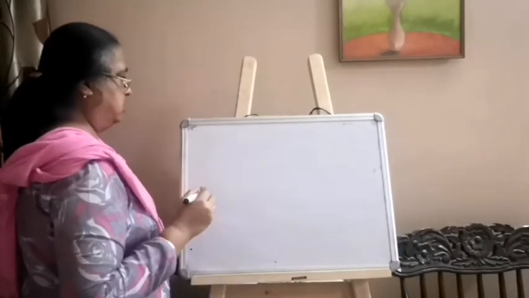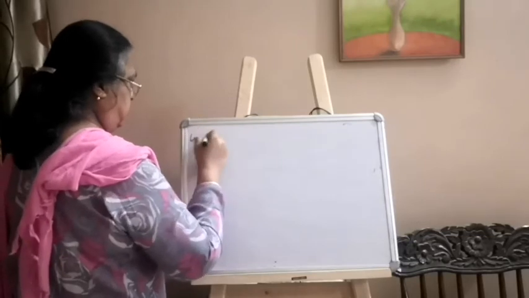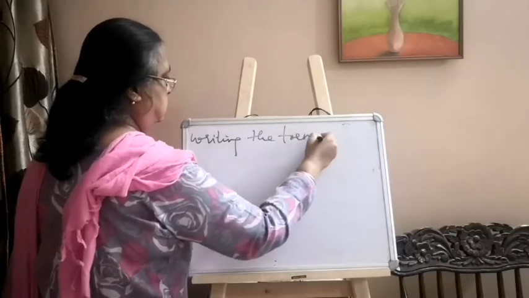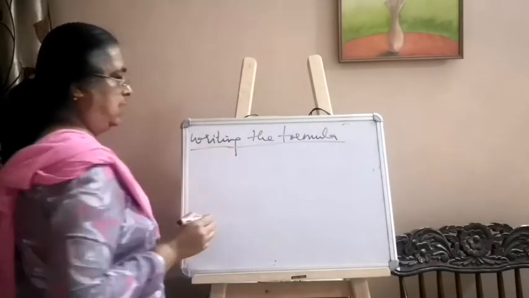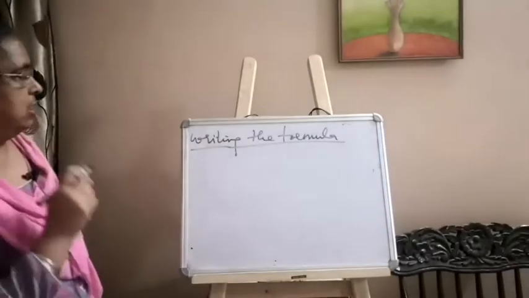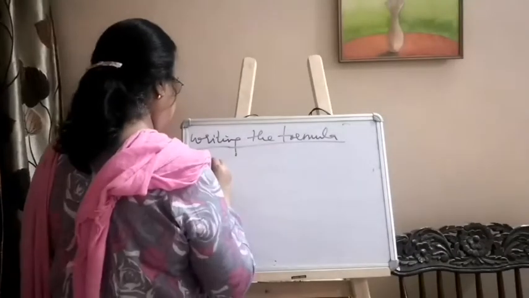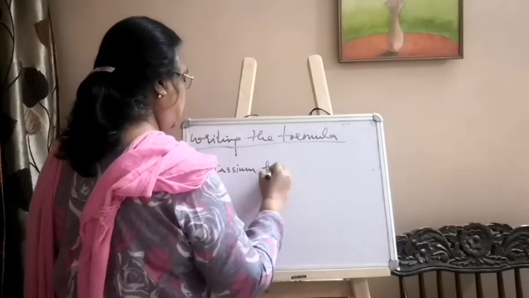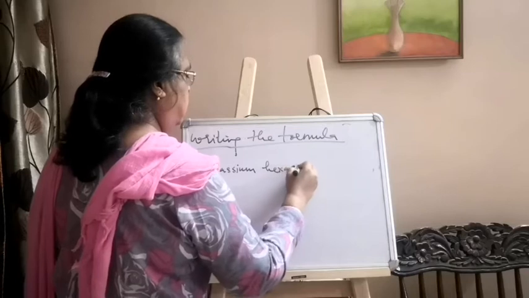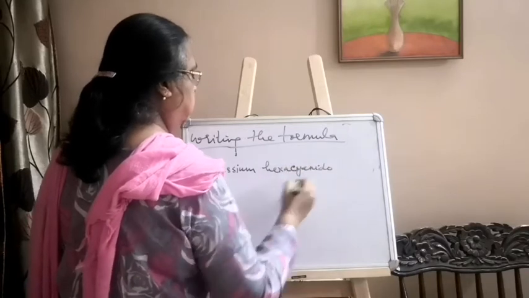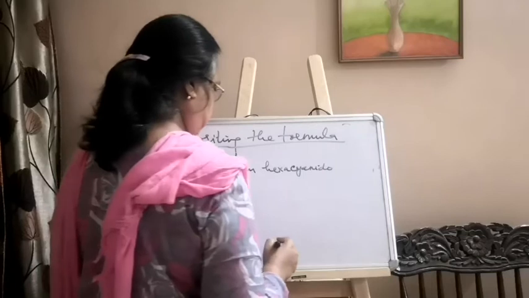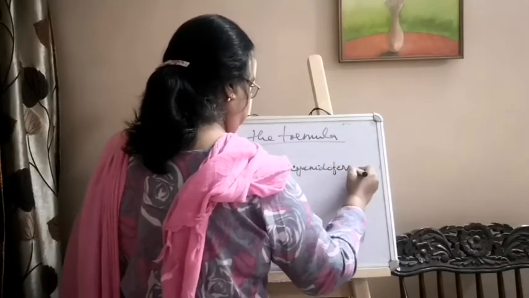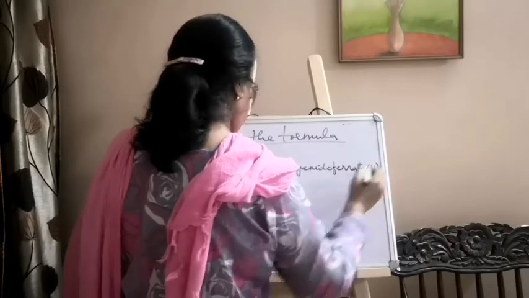Now the second part is writing the formula. If the name is given, you have to write down the formula. So like you have potassium hexacyanidoferrate(II).